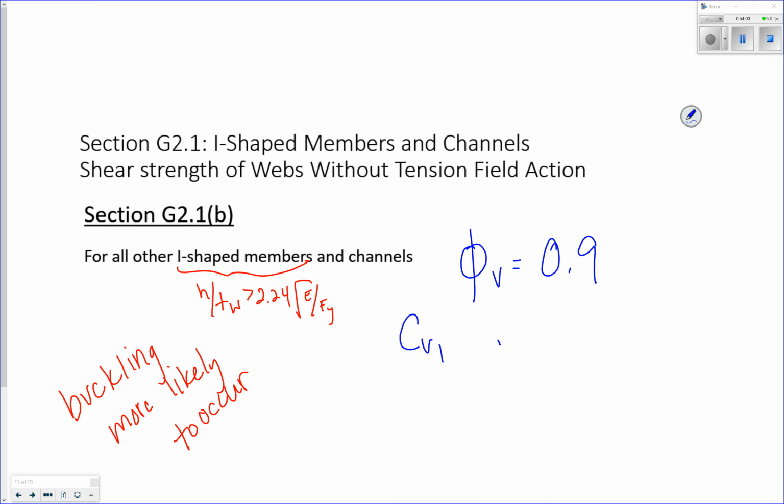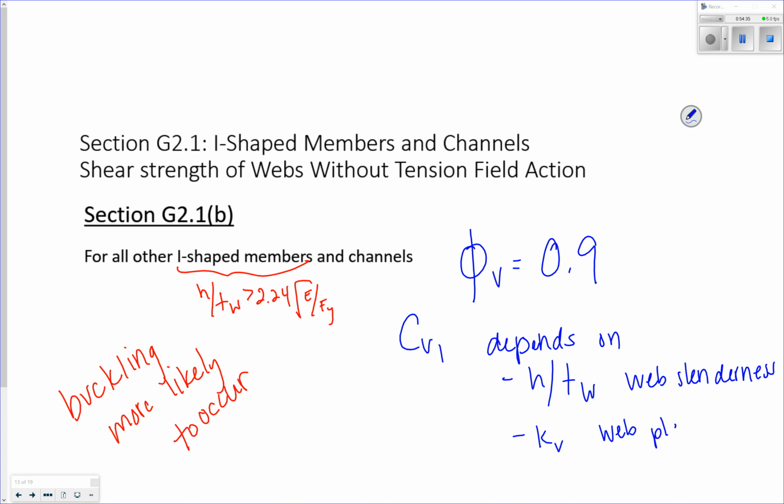It's going to depend on my H over TW, my slenderness ratio, web slenderness, and this KV factor, coefficient. Ignore that little I that's right there.